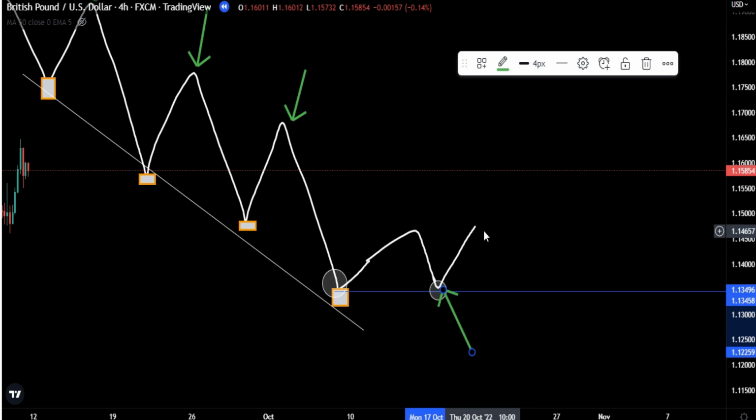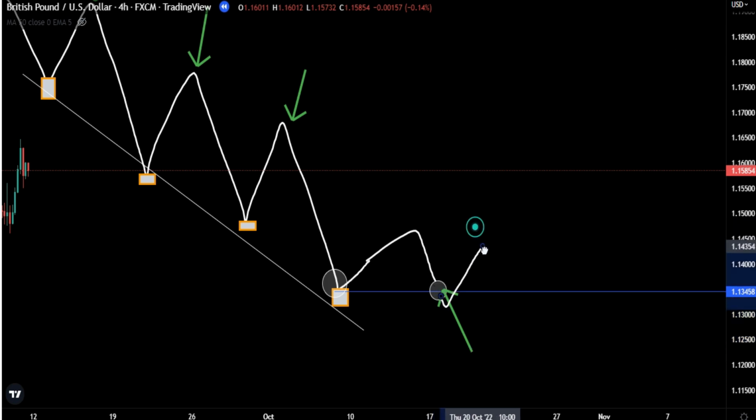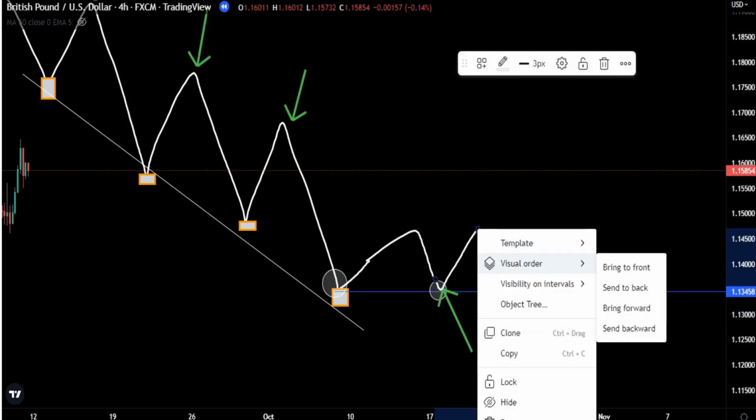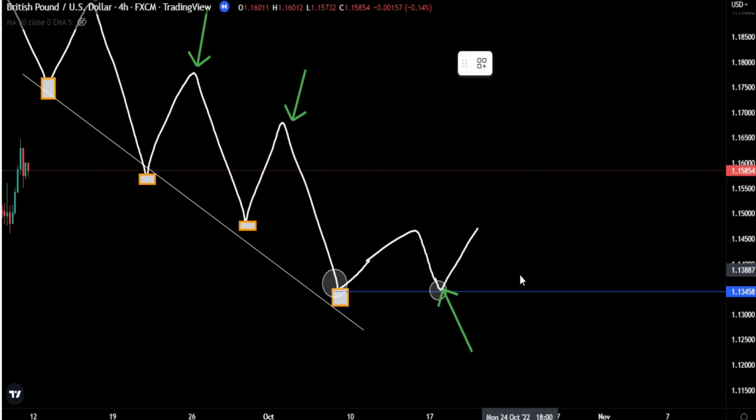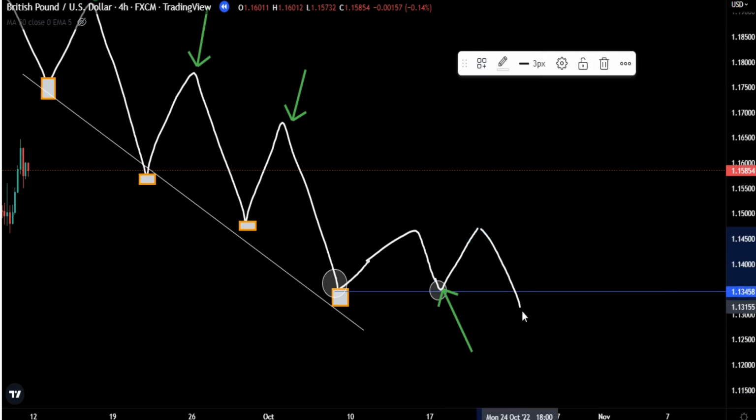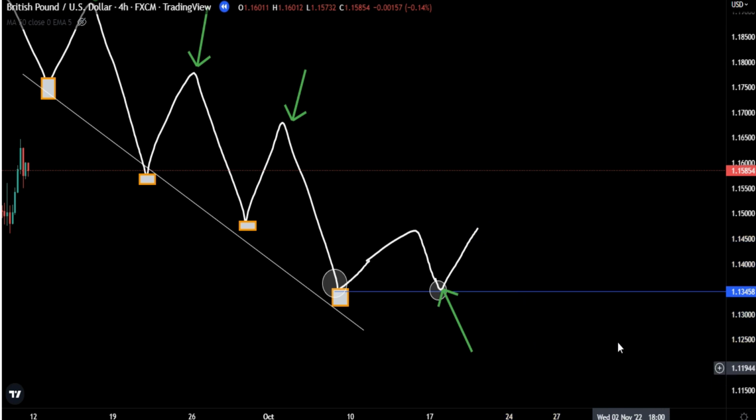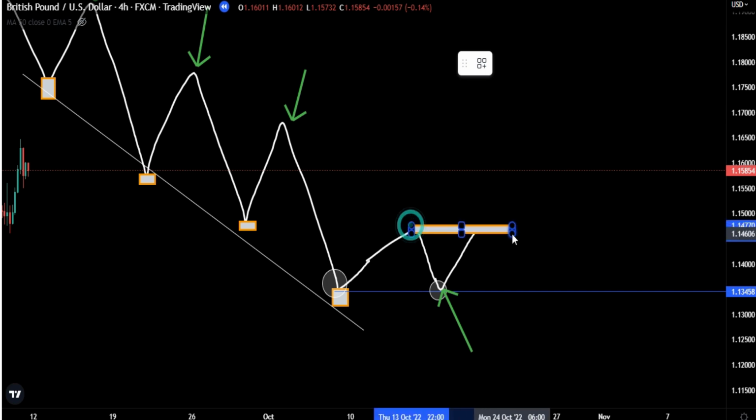Sometimes the price can actually push up and create a double top, which is also a reversal pattern to the downside. The price can from here, after this movement, create a double top and keep pushing to the downside, right? It will just retest here and keep pushing to the downside. So at this zone, the price can actually create something like this.